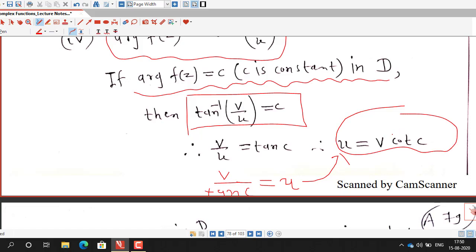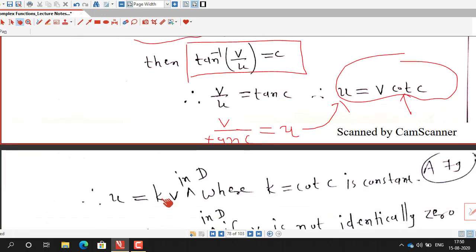Now c is constant, therefore cot c is also constant. So we assume cot c equal to some other constant, say k. So we write again this as u equal to k into v at every point in a domain D, where k equal to cot c is constant. Because c is constant, therefore cot c is constant. So cot c is denoted by small k.